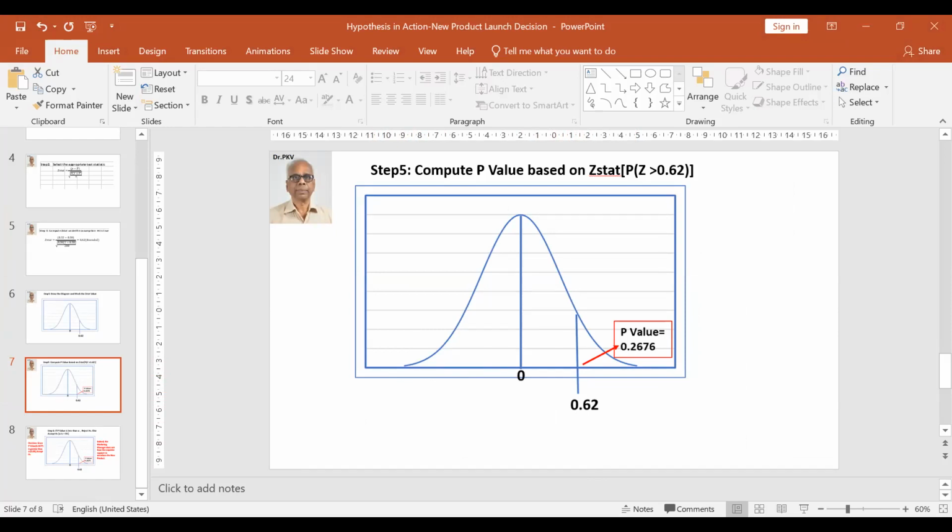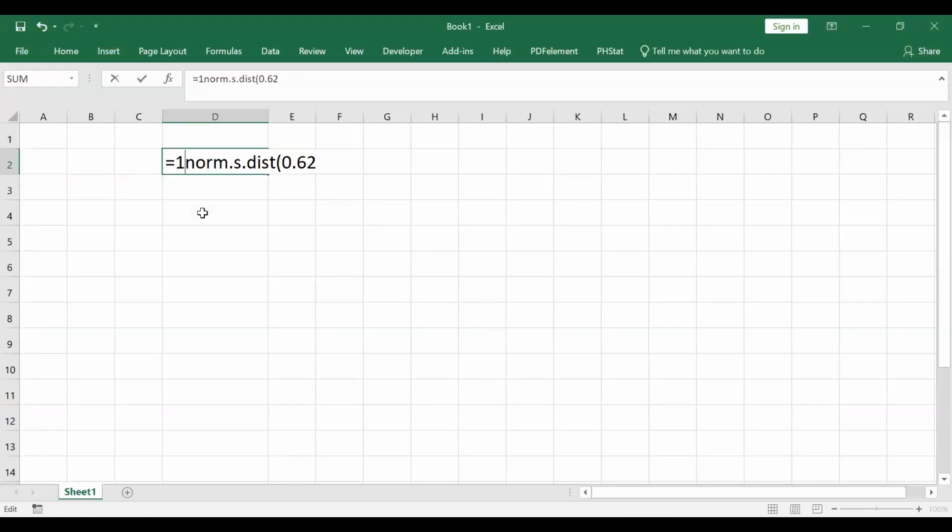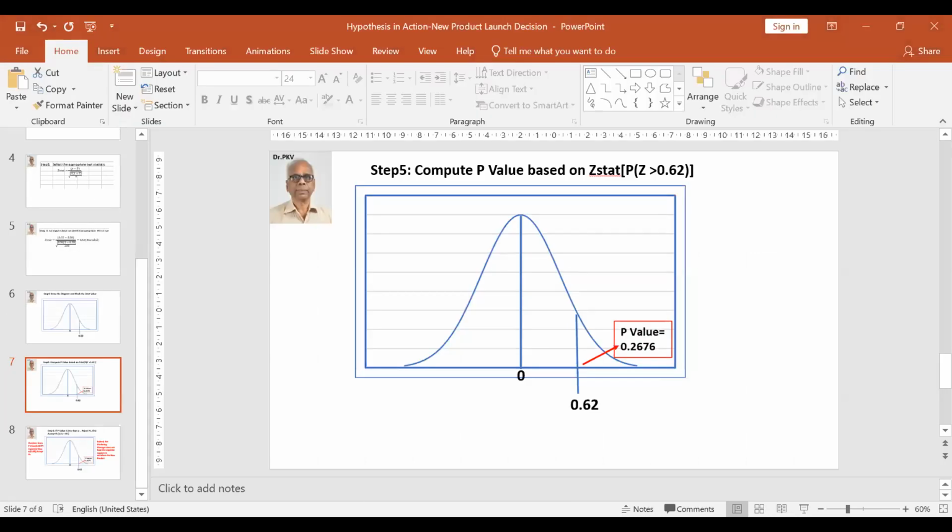So what we do here is go back to Excel and put in front of it 1 minus NORM.S.DIST of 0.62, and it's a cumulative probability we want, and therefore we put the bracket, and enter 4 decimal places. The value is 0.2676, which is the p-value shown in the PowerPoint slide, as you can see, ladies and gentlemen.